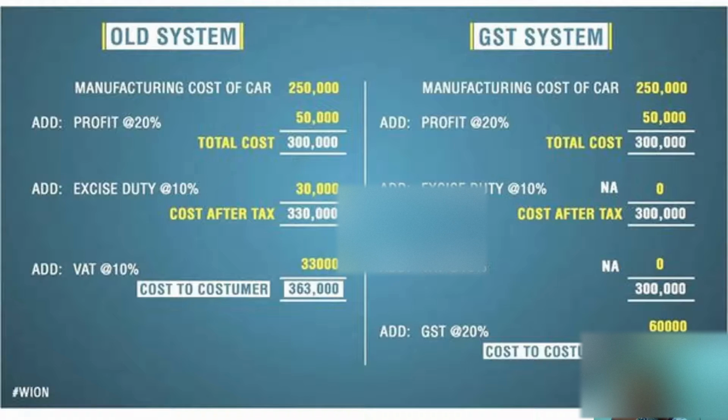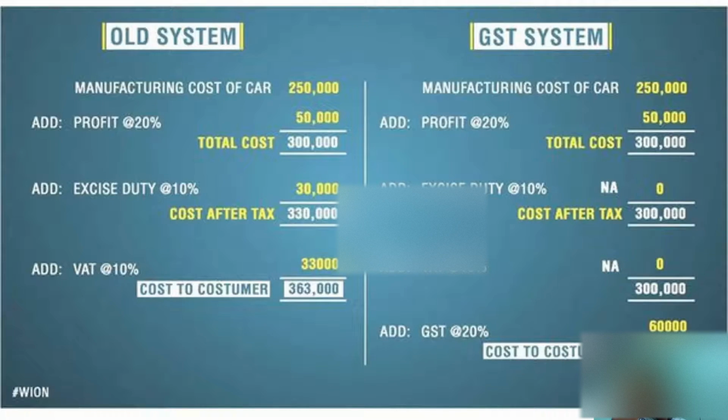Now, after implementing GST, all the previous tax structure has been removed. Everything is subsumed except one or two taxes, like custom duties, which still exist. Apart from those, the majority of the taxes are subsumed under GST.